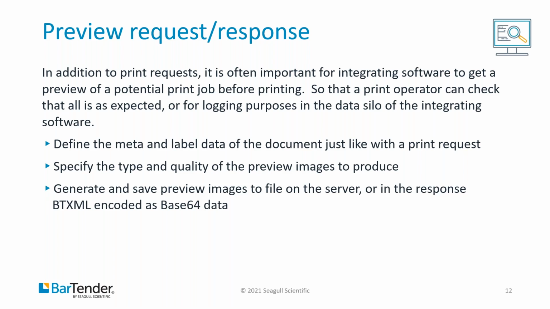The preview images themselves can be generated on the server as individual image files, or in a response, particularly if you're using web services, as base64 encoded data. So you'd get that back as part of your web service request. I have an example which we'll be looking at later.